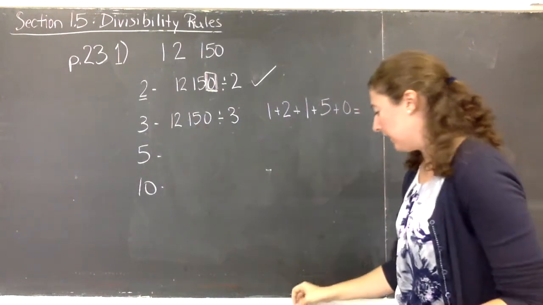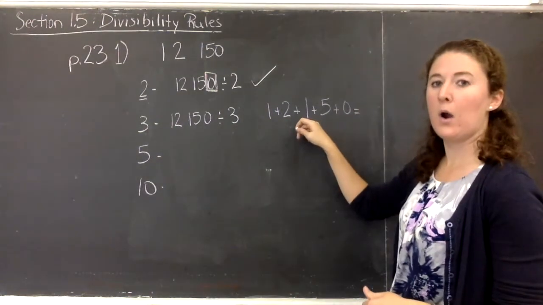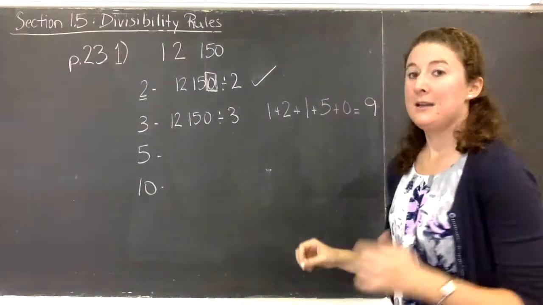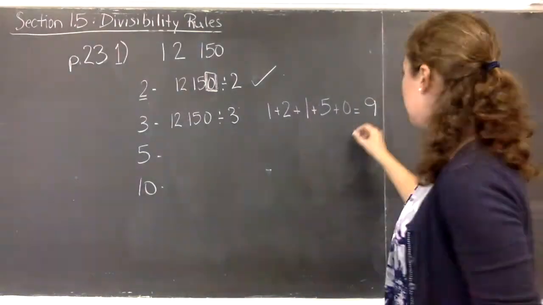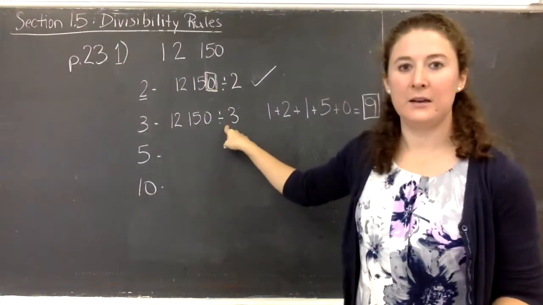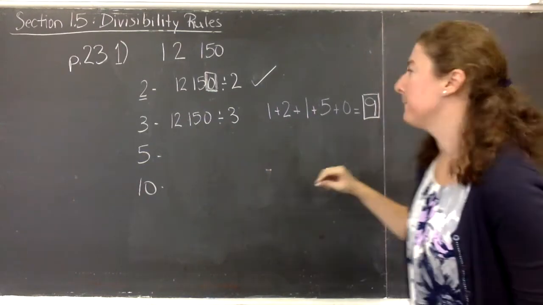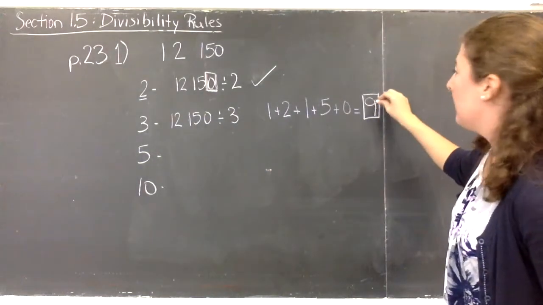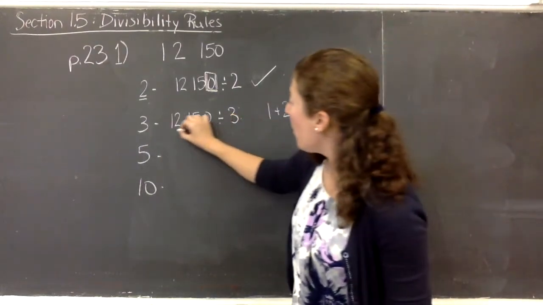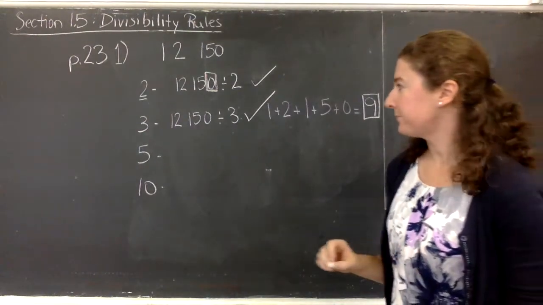When I add these all up, 1 plus 2 is 3, plus 1 more is 4, plus 5 is equal to 9. Now the second step: can 9 be divided by 3? Yes, it can. 3 times 3 is 9. So I know that 9 can be divided by 3. Therefore, this whole number can be divided by 3.